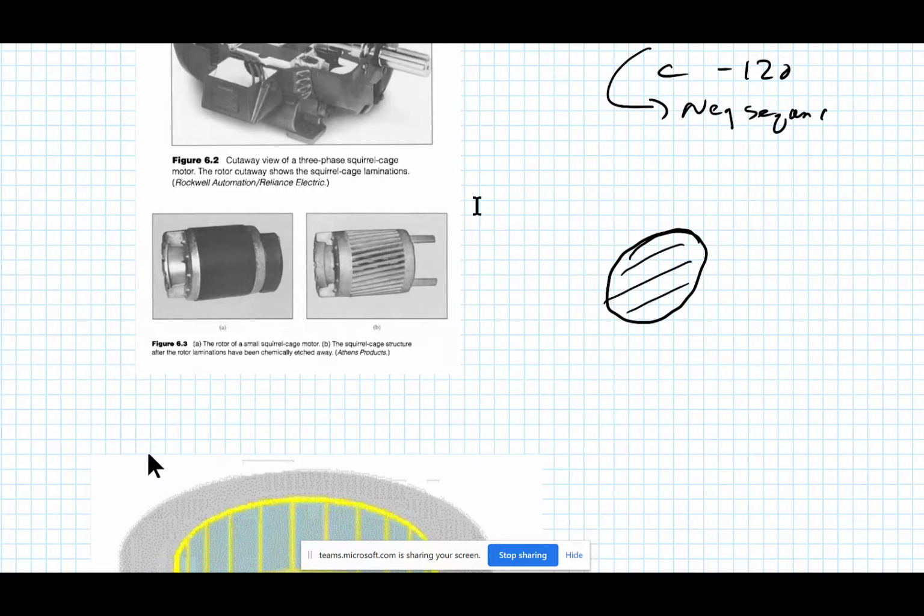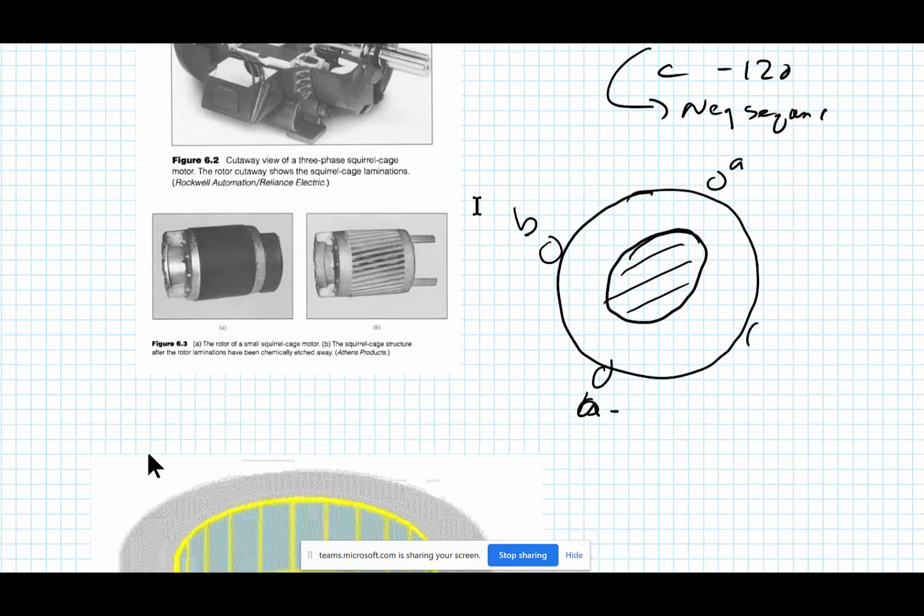Aluminum conducts current, and he set it up on a table with the windings set up this way: the A minus, the B minus, C minus. He energized these windings and it showed this thing moved.